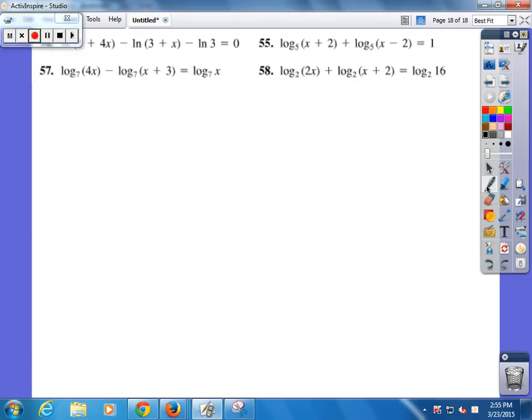Now, the only difference in 55 and 57 is that the right-hand side is also log base 7. And on that one, it wasn't.